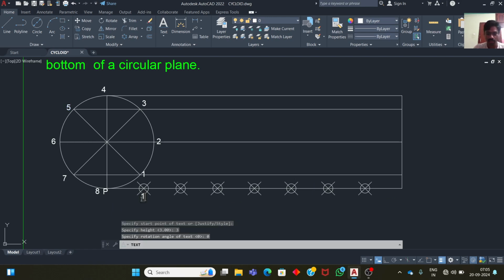This is 1 dash, and this is 2 dash. This is 3 dash and 4 dash, 5 dash, 6 dash, 7 dash, and 8 dash.